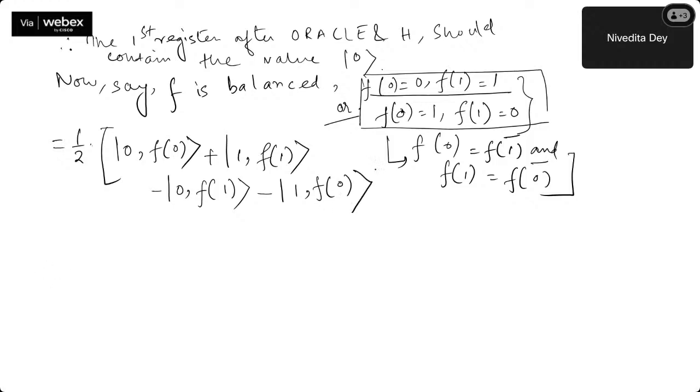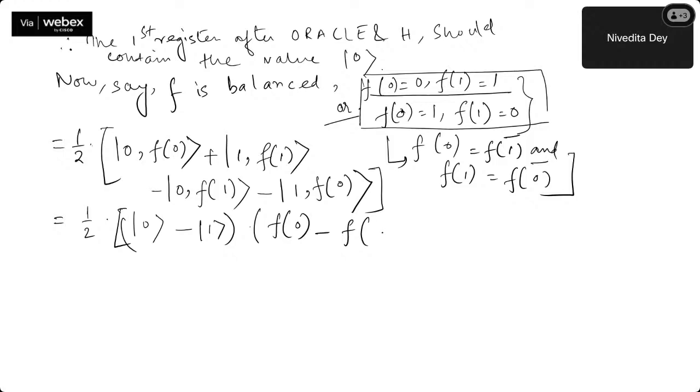We can write it down in this form. Now taking F0, F1 common, after a certain step we will be getting K0 minus K1 and F0 minus this thing.